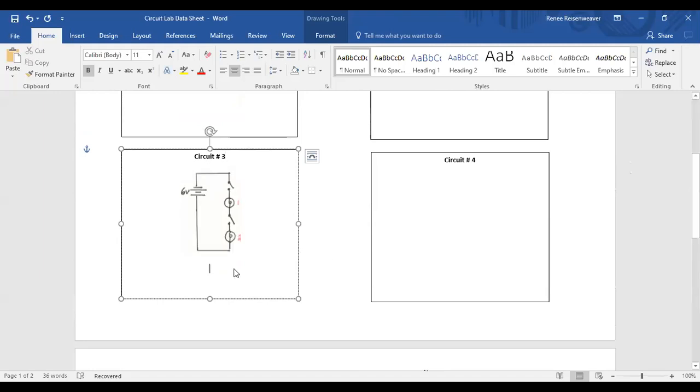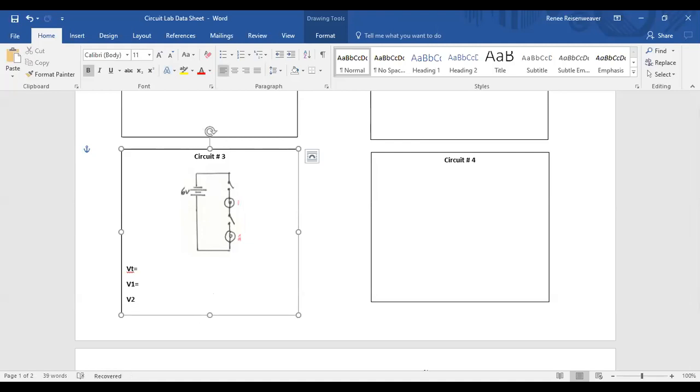Okay. What you are going to do is build these circuits, and you're going to tell me how much voltage and current goes through each one of these bulbs. So what I want to record on here is a VT, which is the total voltage. I'm going to record the voltage across bulb 1, and the voltage across bulb 2.